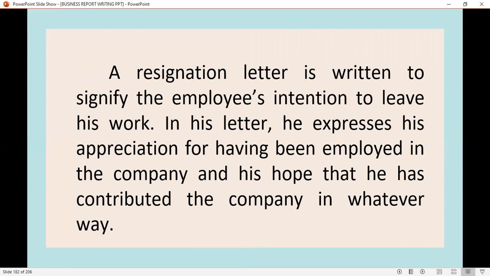And then another paragraph, you are thanking the company or the institution, diba, for having you. And another is that you are hoping na nakapag-contribute ka, nakapag-ambag ka sa growth ng inyong company sa anumang paraan. Okay po?